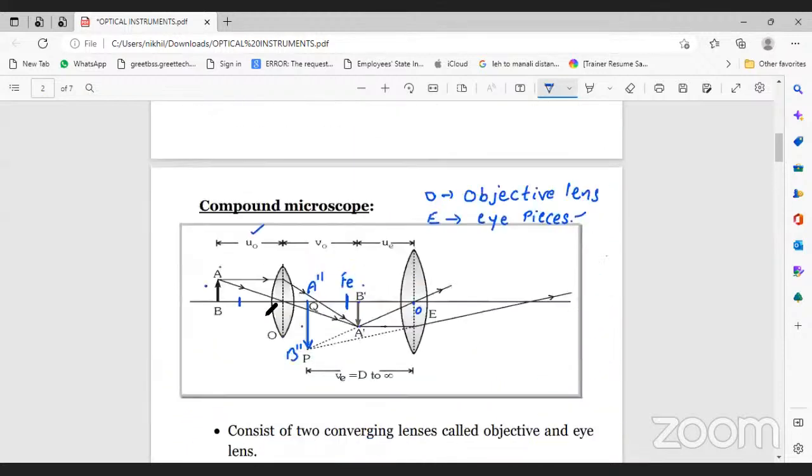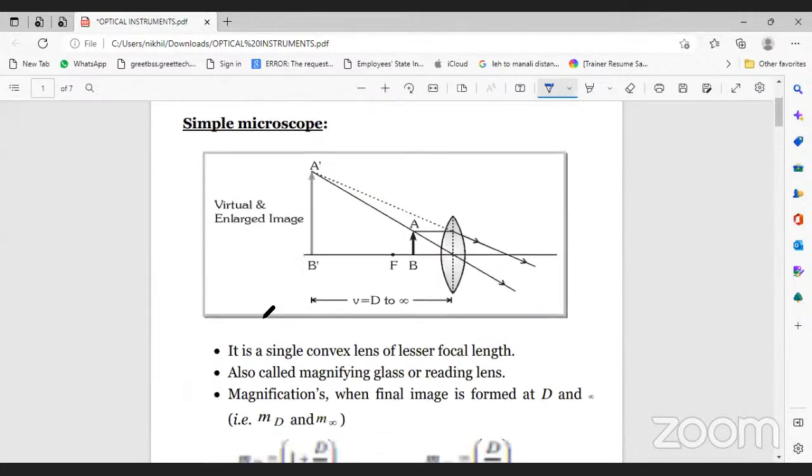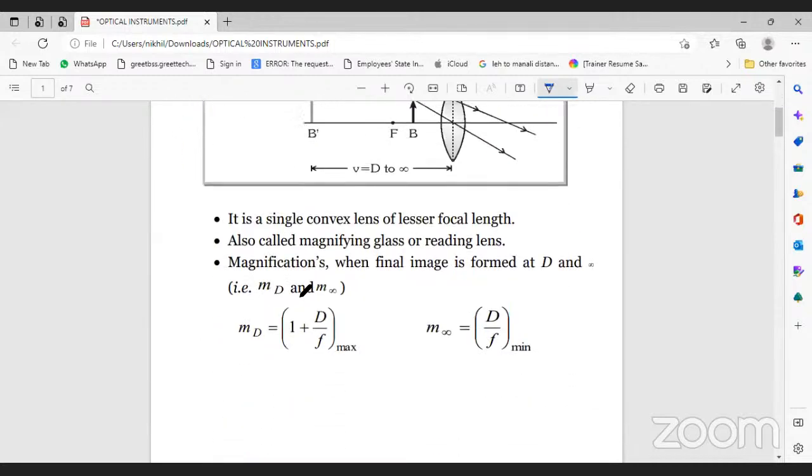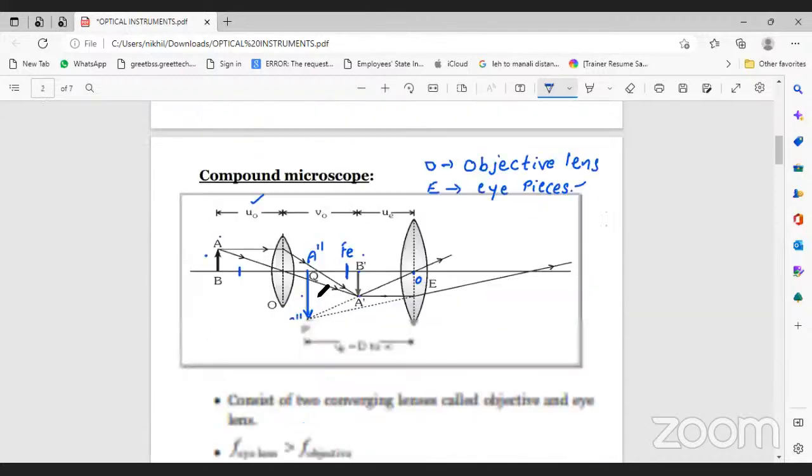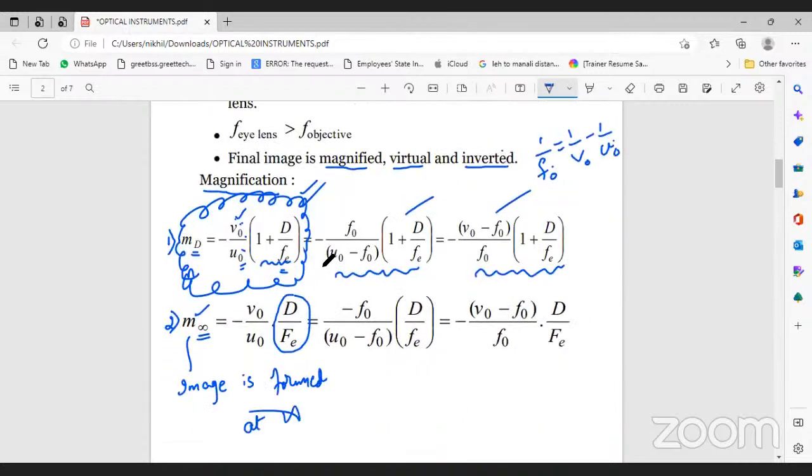What is the comparison between simple microscope and compound microscope? Look at this. In simple microscope, we are getting 1 plus d by f. We are getting the same thing in compound microscope also, 1 plus d by fe. The additional term is this, minus v naught by u naught.